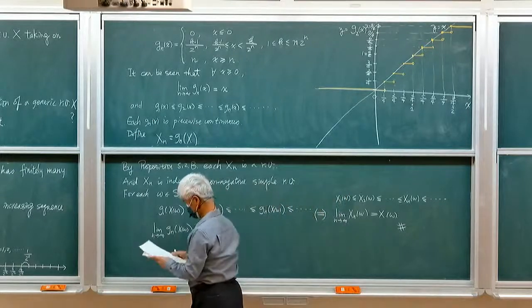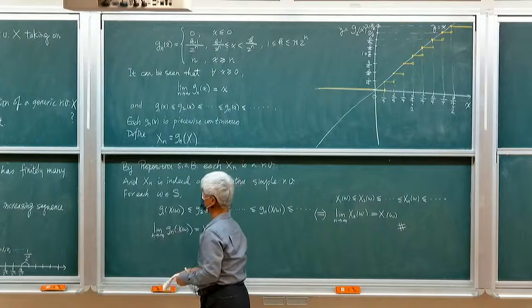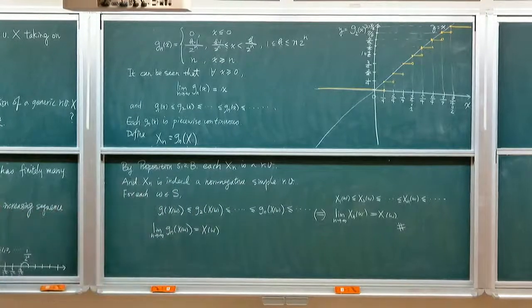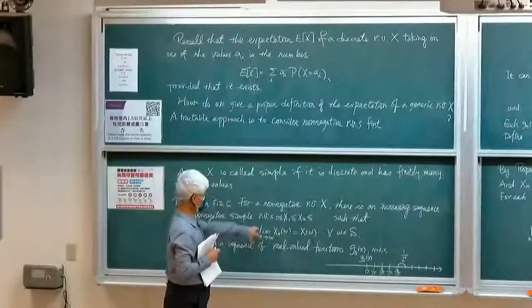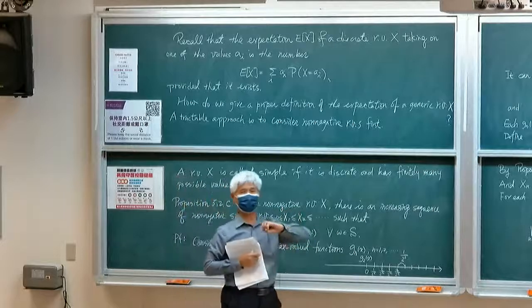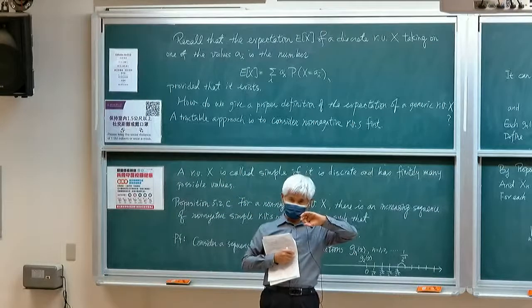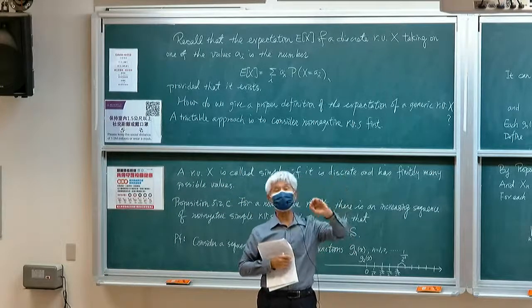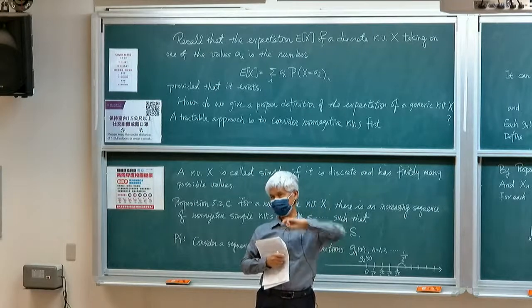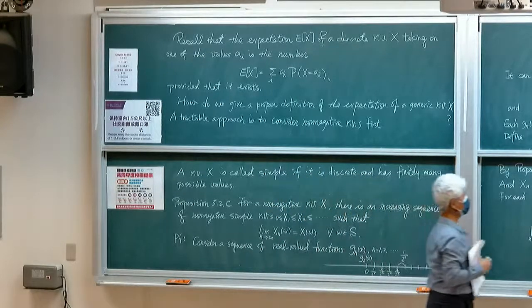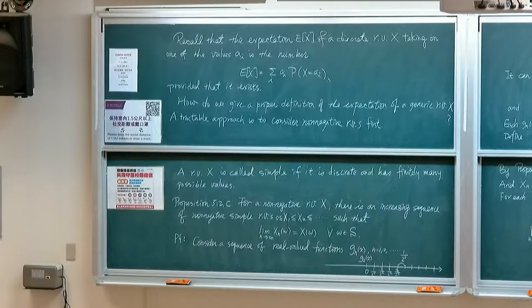Now, all right. So now we are able to approximate a non-negative random variable by an increasing sequence of simple non-negative random variables. Let's investigate some properties of simple random variables.